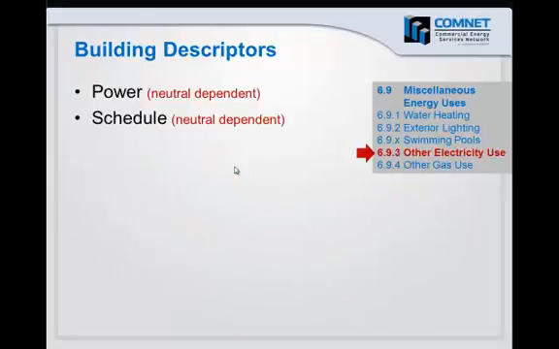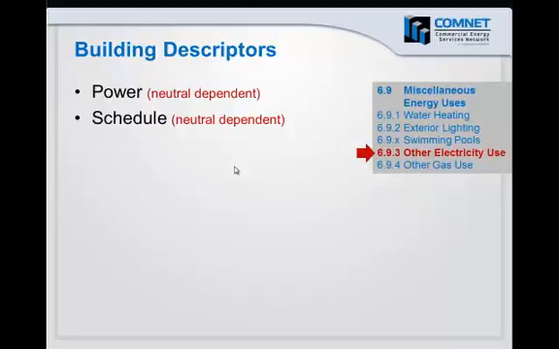Moving on to other electricity use, this would be any kind of electricity use in or about the building that doesn't contribute to the heat load within the building. Basically there'd be some peak power and a schedule that modifies that peak power.